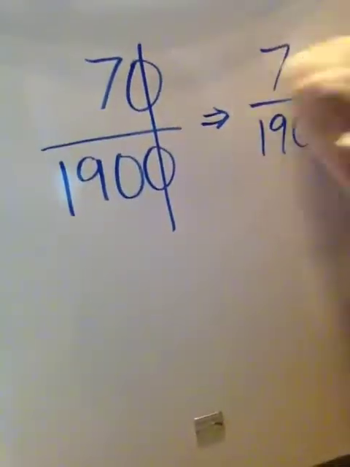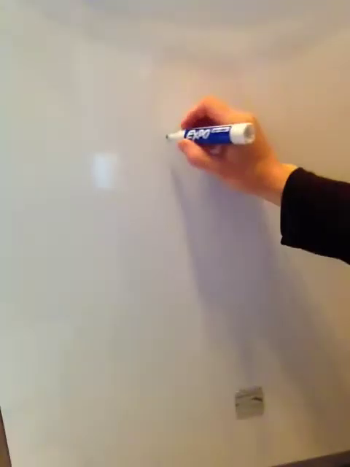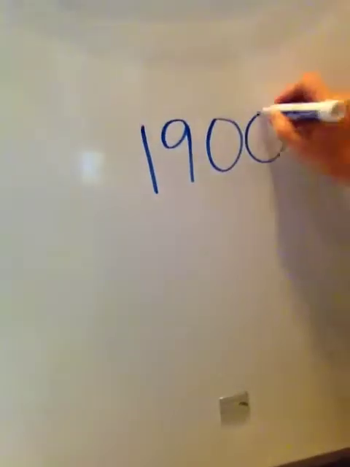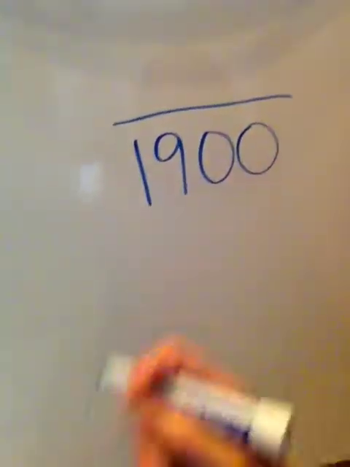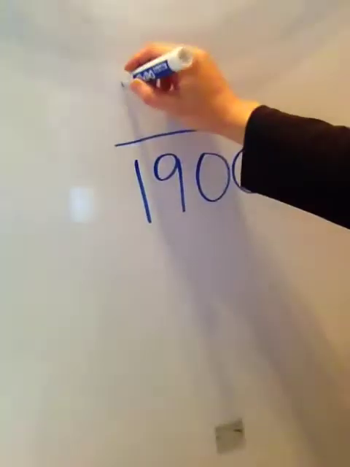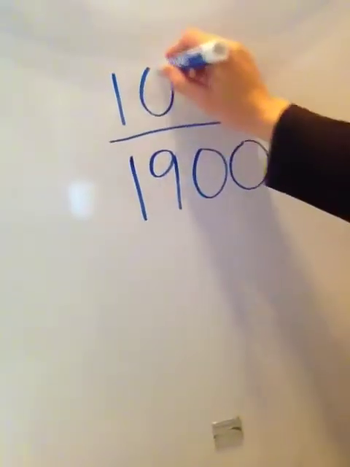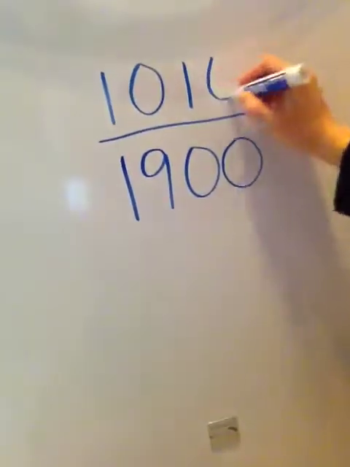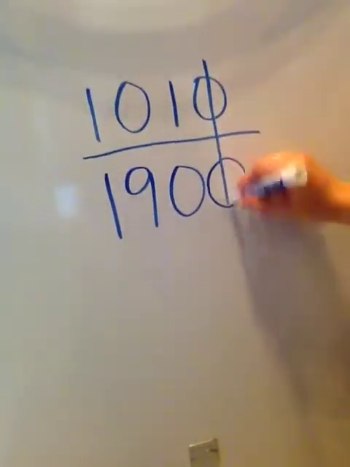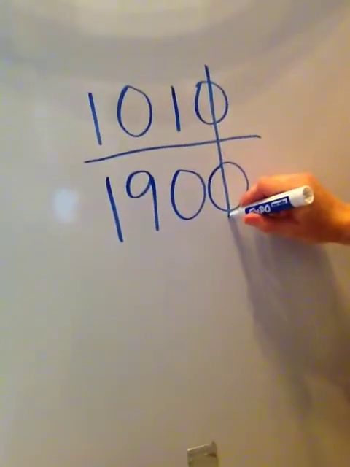Let me show you another setup. I'm going to do 1900 on the bottom again, but I just want to show you what to be careful for. If I have 1010 on top, okay, I told you that you can cancel zeros. Notice they have to be at the end.